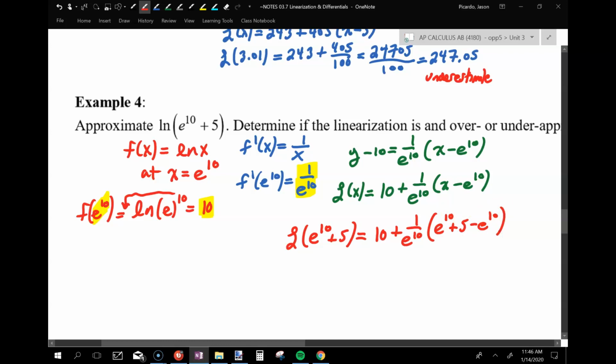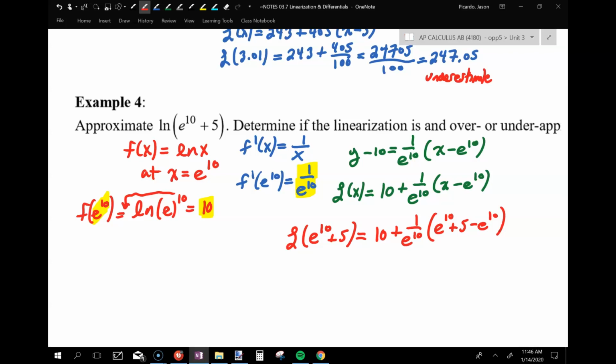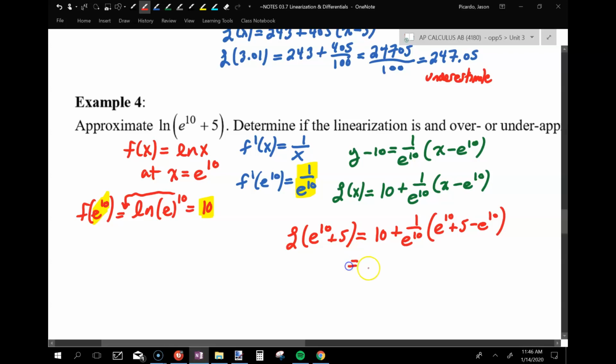That's kind of cool. What happened in the parentheses? The e to the 10's canceled out. What's left? 10 plus 5 over e to the 10. And this is what I think that's equal to, or pretty darn close.